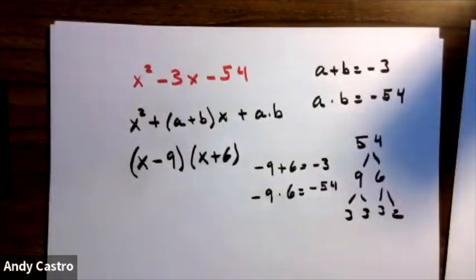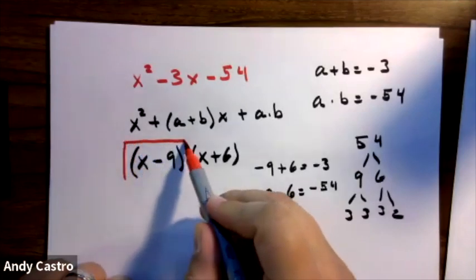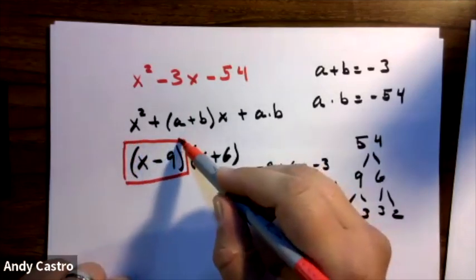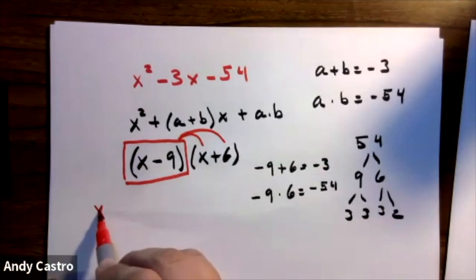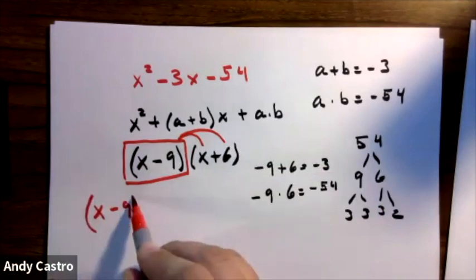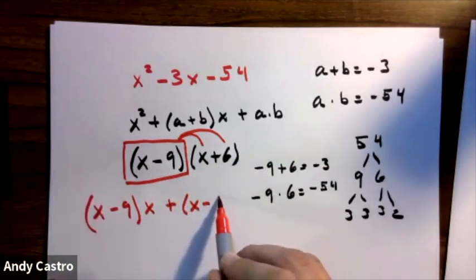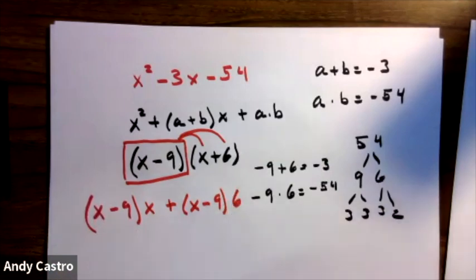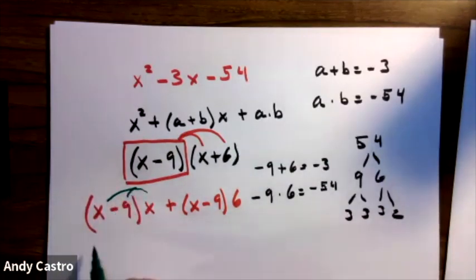All right. Now let's go ahead and multiply that out to see if we, in fact, are correct. So I'm going to take this and distribute it over that addition. So we have x minus 9 times x plus x minus 9 times 6. X here, going to multiply over the subtraction. This is x squared minus 9x.